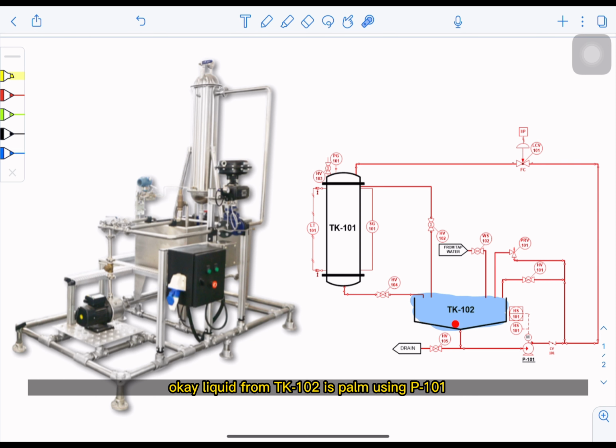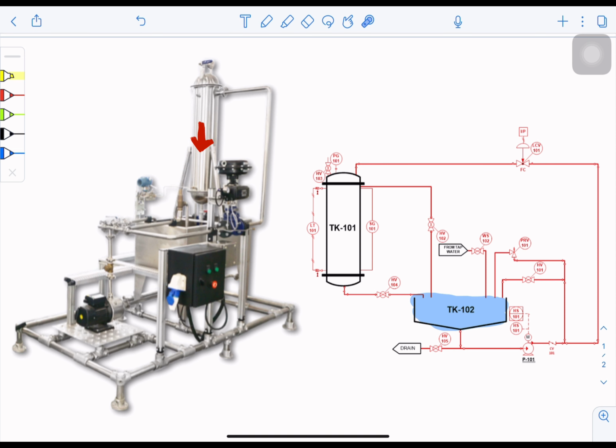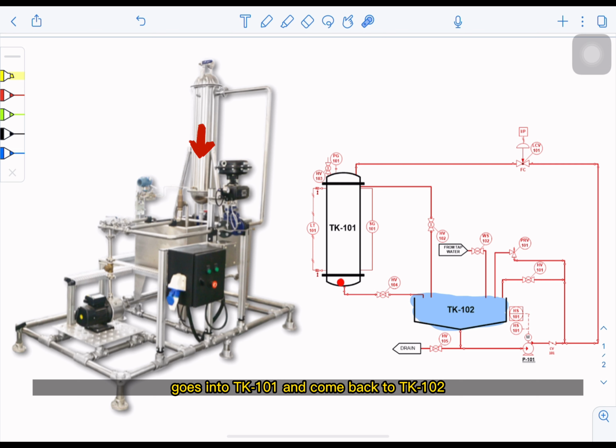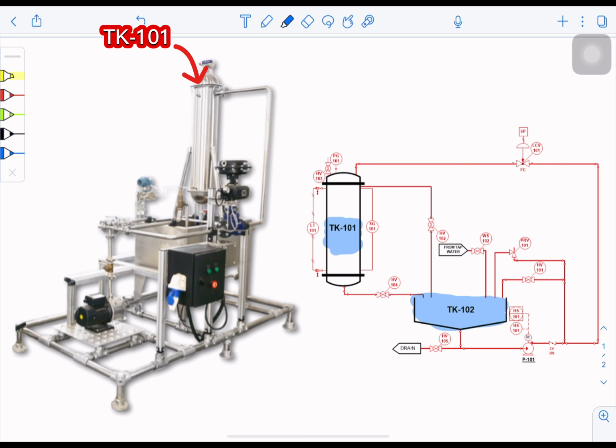Okay, liquid from TK102 is pumped using P101, and then it goes into TK101 and comes back to TK102. So now the liquid is filling into TK101.